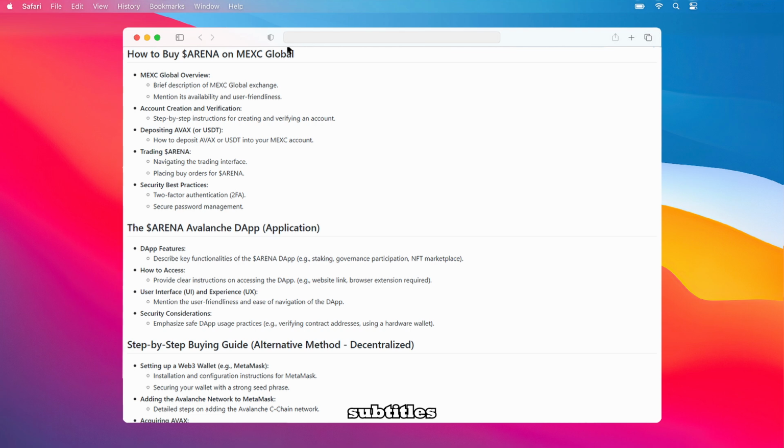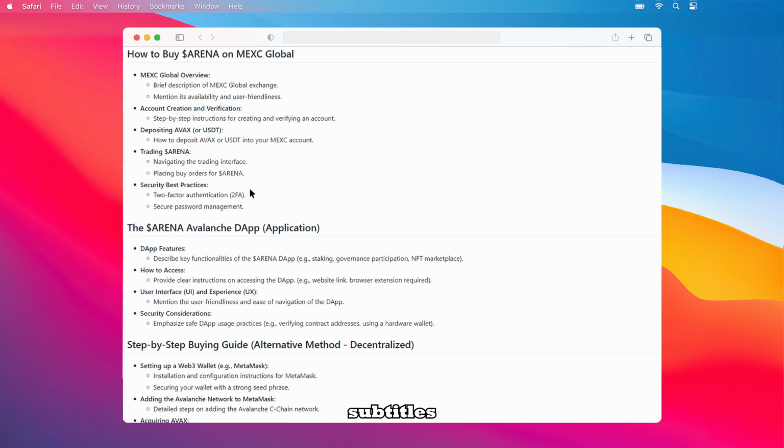Now, let's examine the Dollar Arena Avalanche DAPP, the application. We'll describe the DAPP's key functionalities, which could include staking, governance participation, or even an NFT marketplace. Then, we will provide clear instructions on how to access the DAPP, including the website link and any browser extensions that might be required.